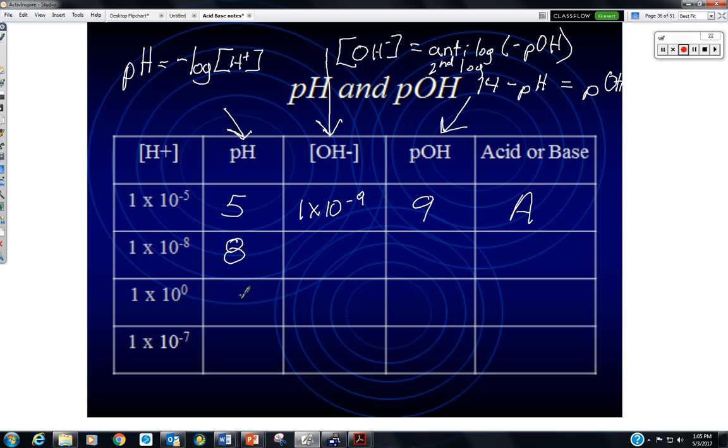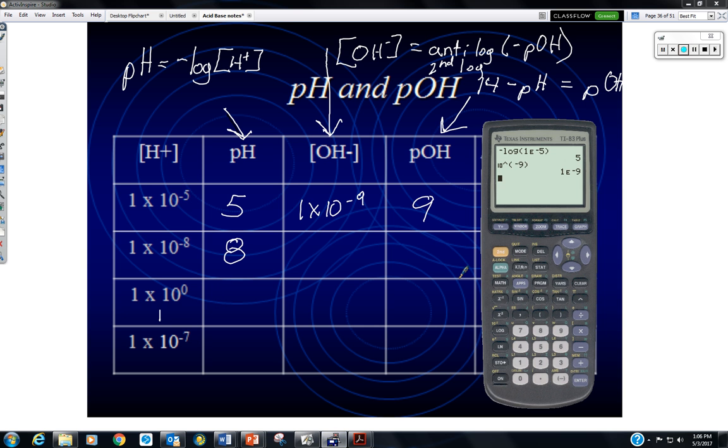Anything raised to the power of 0 is 1, but we have to actually plug this one in. Just really quickly, proof of point here.